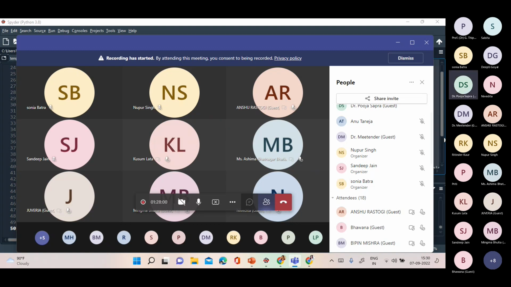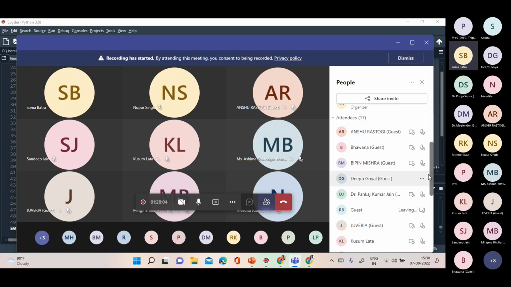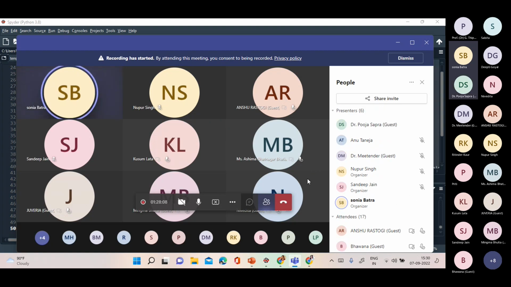Was this OHT, overhead transmission? Overhead transmission, ma'am. Which part? Can we have a specify?